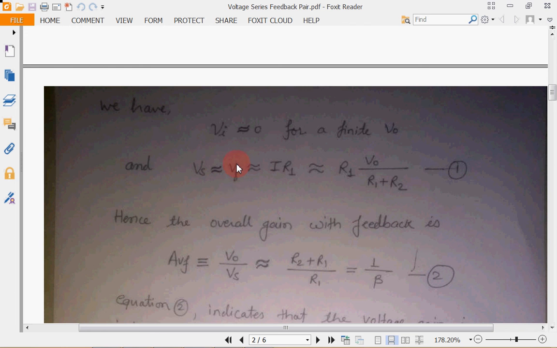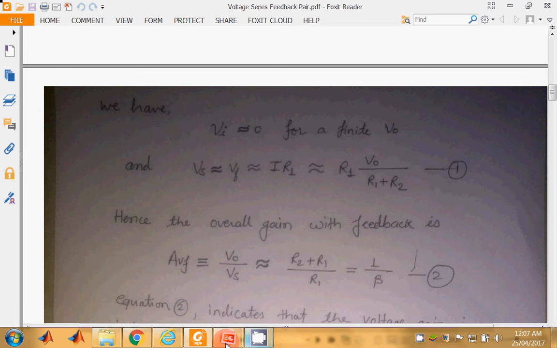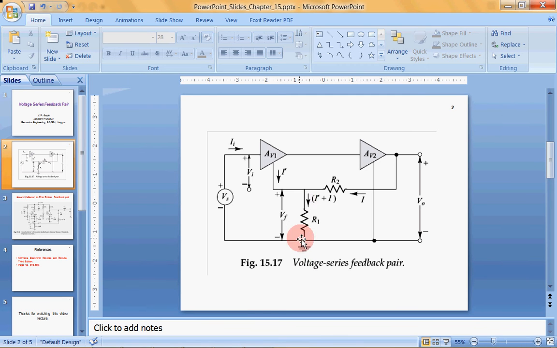And what is Vf? Vf is nothing but the voltage across the resistance R1. You can see in this figure, Vf is the voltage across this resistance R1, and that voltage will be R1 multiplied by the current flowing through this resistor. And what is that current?